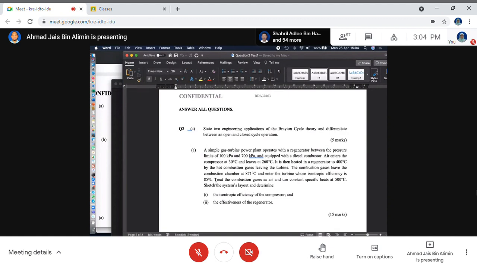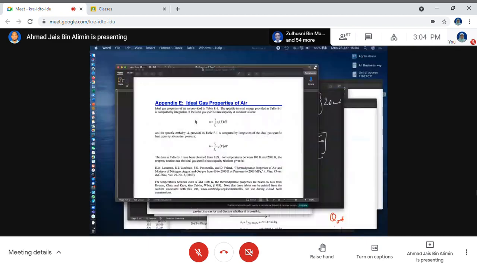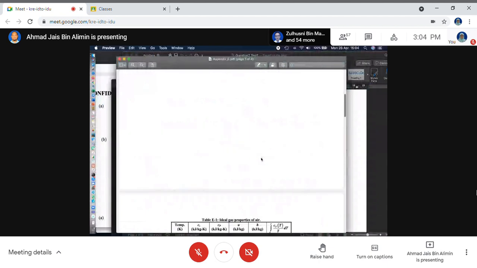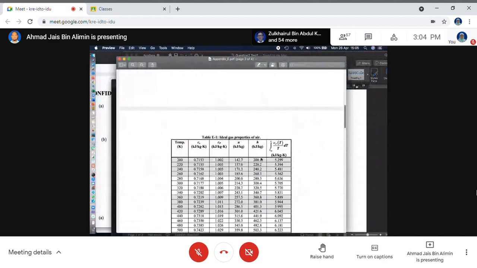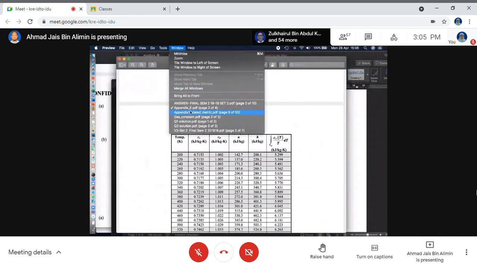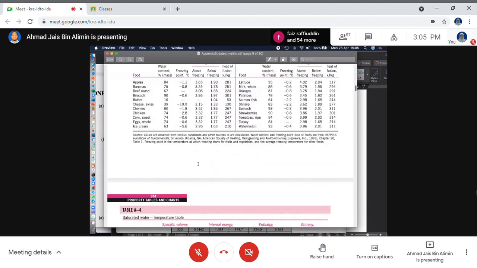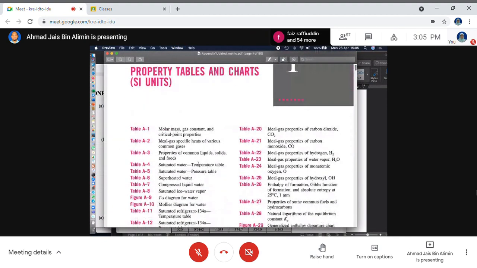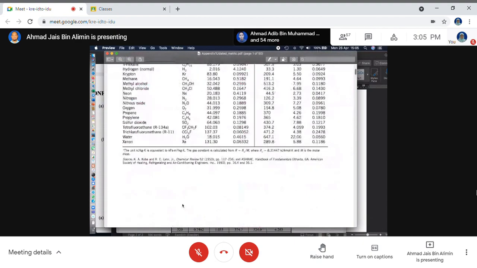Okay, dalam ni dah bagi, treat the combustion gases as air and use constant specific heats at 500 degrees Celsius. So you can use the ideal gas equation of state to solve this problem. Saya ada gas properties of air. Kita beri E1 tadi yang table A17, jadual A17.